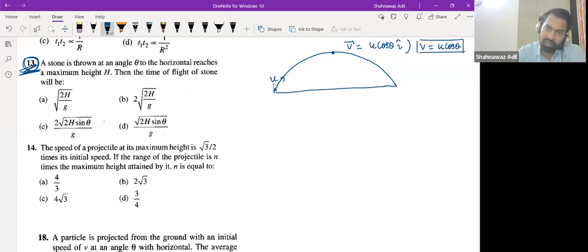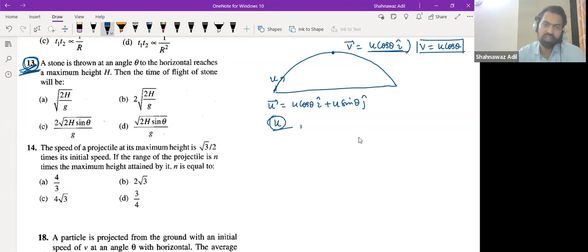Here the vector is u cos theta i hat plus u sine theta j hat, and its magnitude is u. In here, this is the vector, and its magnitude is v, which is u cos theta.